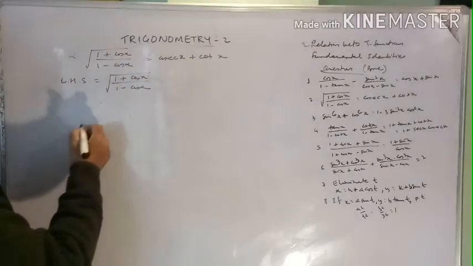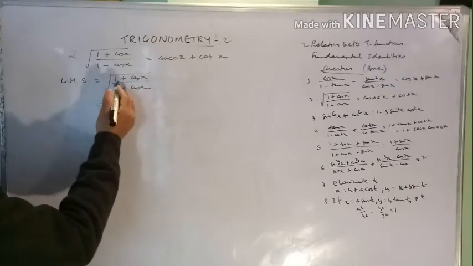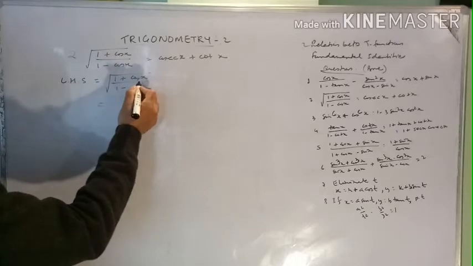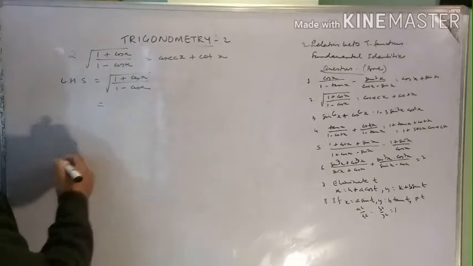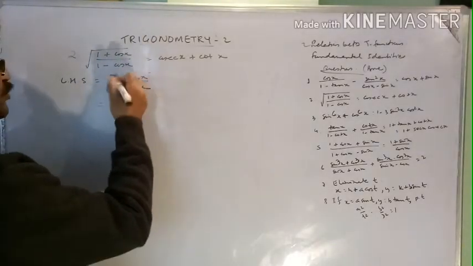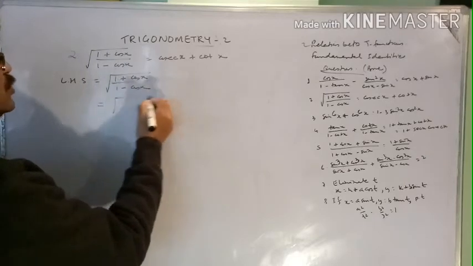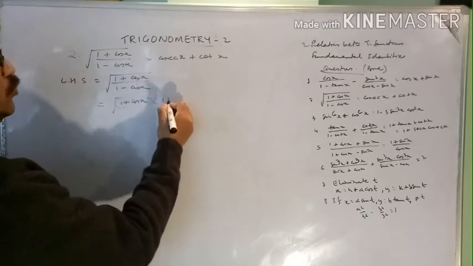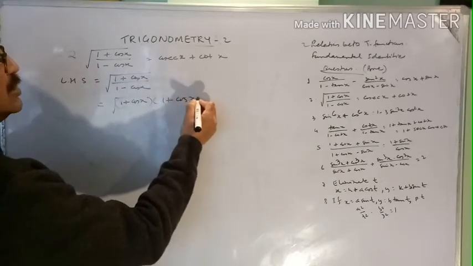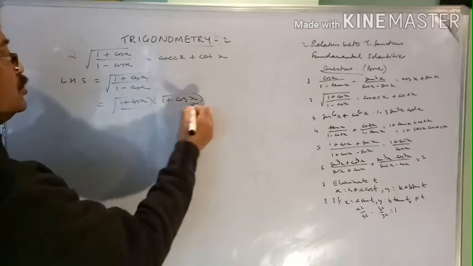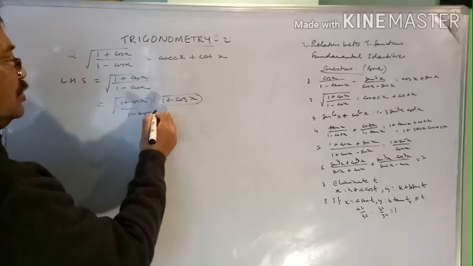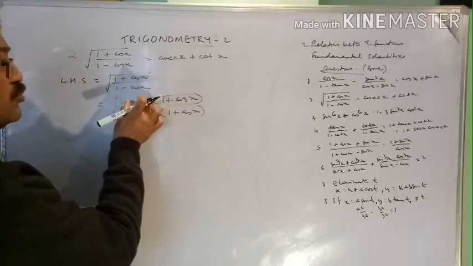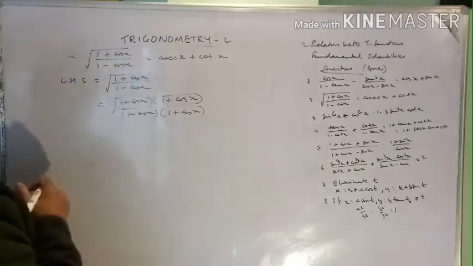So to get a whole square, what we do, we multiply by 1 plus cos x, within the root. So 1 plus cos x into 1 plus cos x, and here also 1 minus cos x into 1 plus cos x. You have to multiply both numerator and denominator by the same expression.